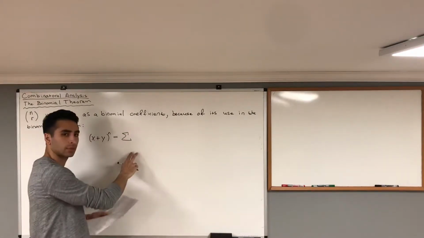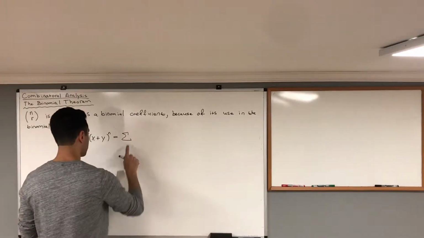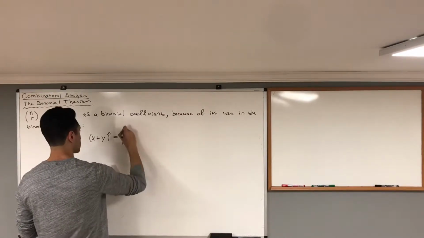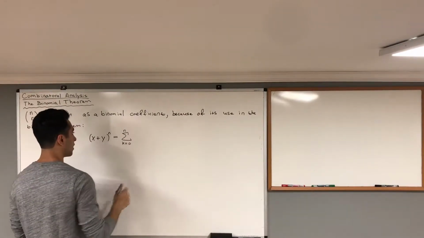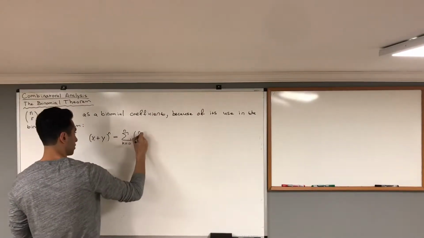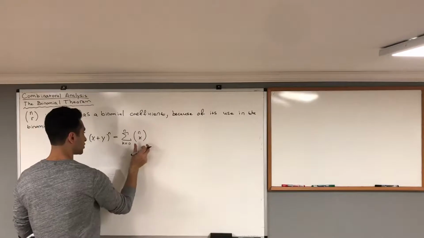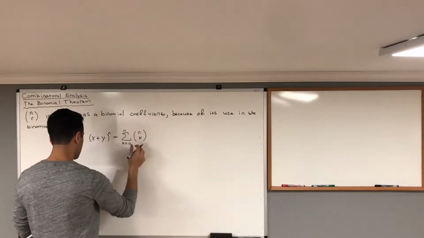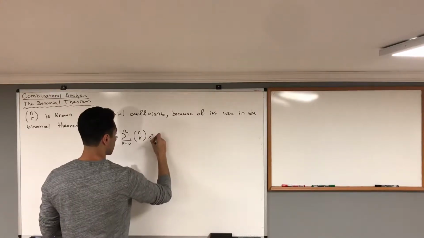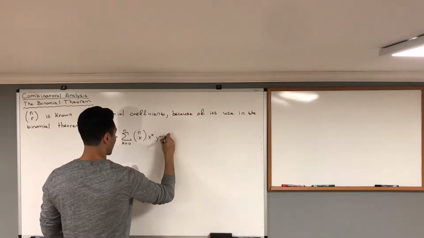If you haven't seen this symbol before, I'll explain this shortly. But this means sum. The sum, as k starts at 0 and goes all the way to n, of n choose k. So there's your binomial coefficient, and it's in front of x to the k times y to the n minus k.